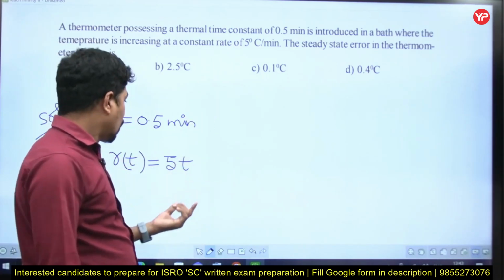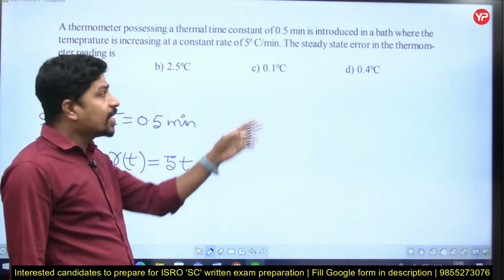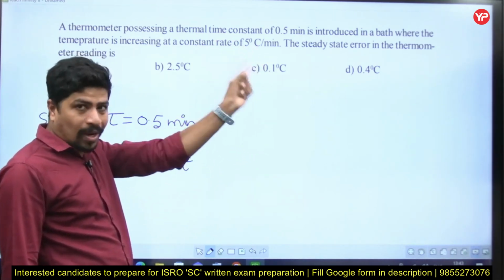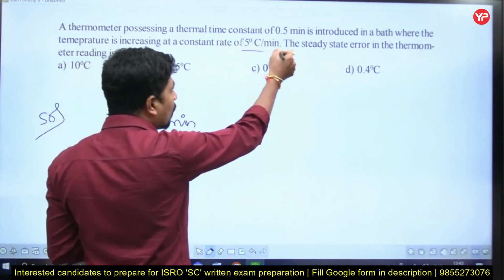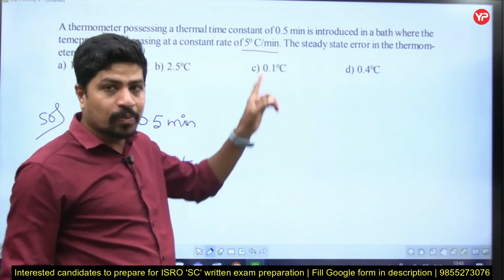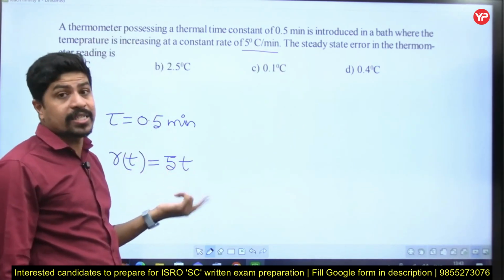When t is equal to 0, it is 0. When t is equal to 1 minute, it is 5 degrees. At the second minute, how much should it be? 10. If you put t equal to 2, it is 10.